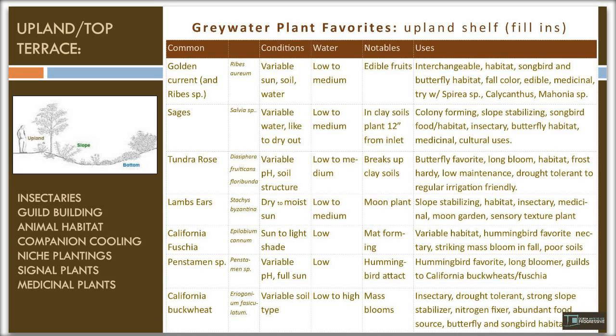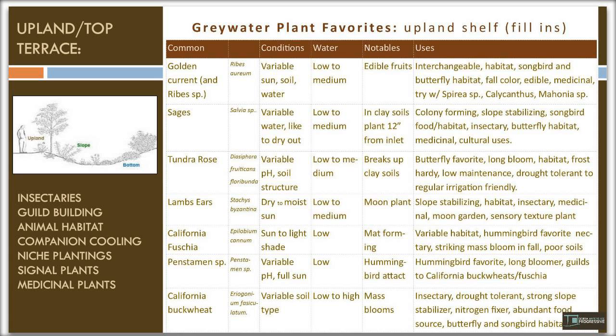And here you can see the little diagram picture of the human next to the tree where it says upland. These are planted in an area that most likely will not get much of the graywater. It might just get ancillary graywater or start to pick up on the moisture in the soil from the soil that is growing and being more robust because of the graywater being dispersed to its neighbor.